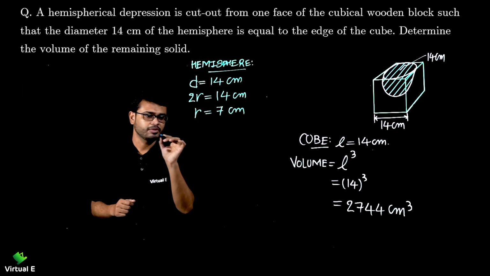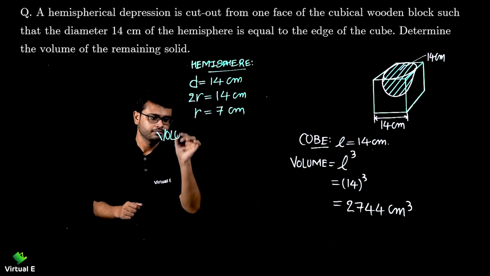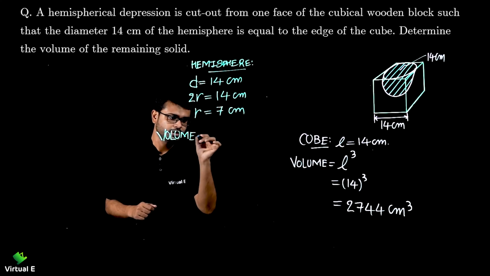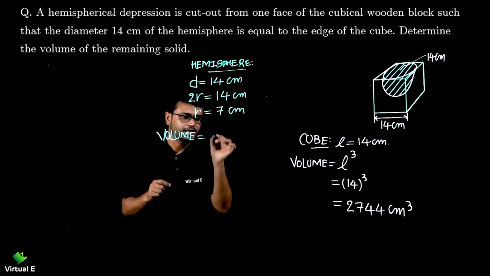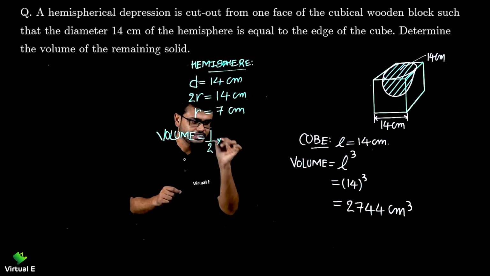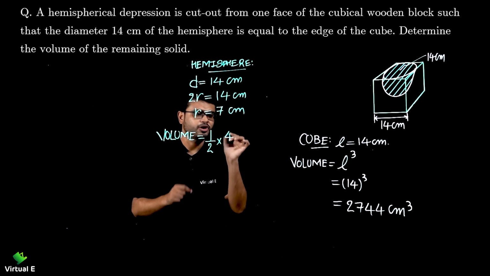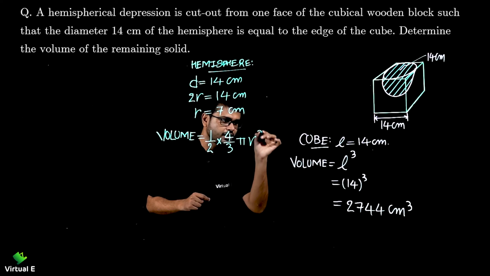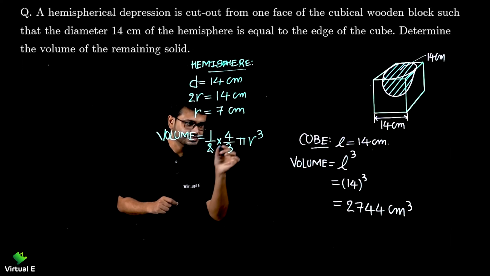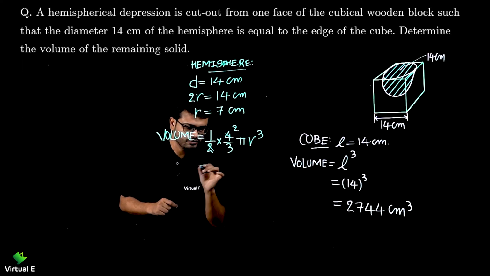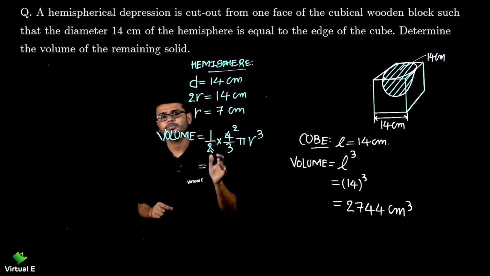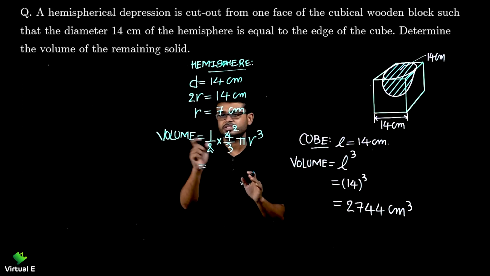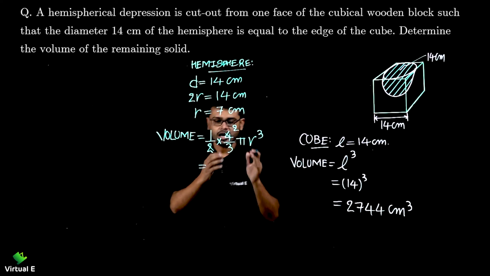So let's use the formula. Volume is equal to, hemi means we are going to take half of the sphere. The volume formula for a sphere is 4/3 pi r cube. So let's cancel the 2s. If you directly apply 2/3 pi r cube, that is also correct. No worries. I've just used the concept of hemisphere, half sphere.